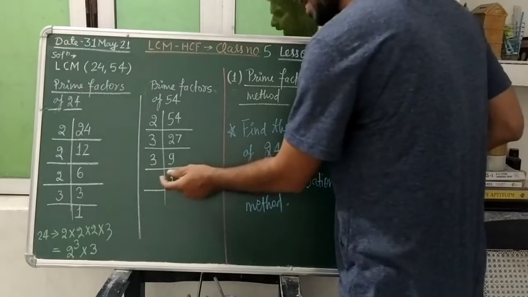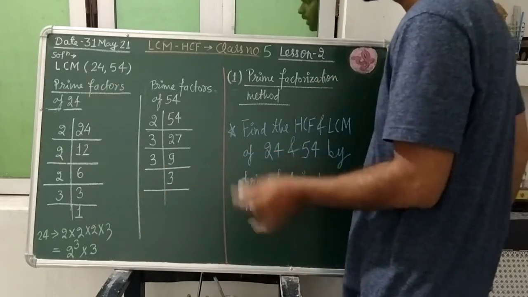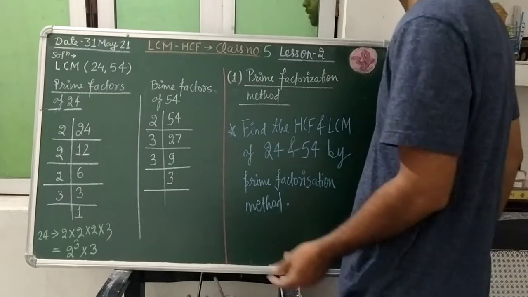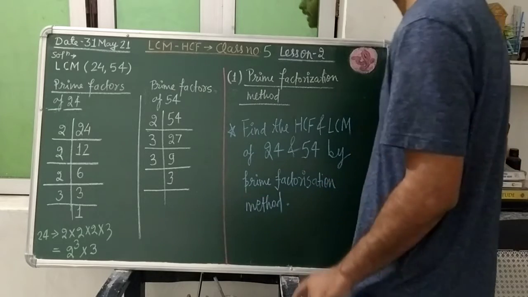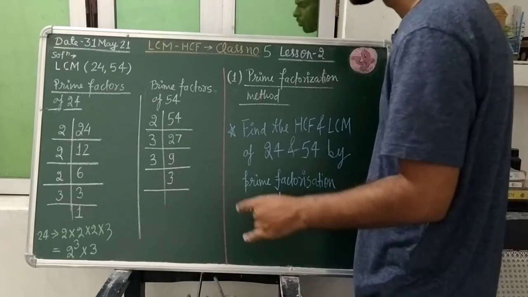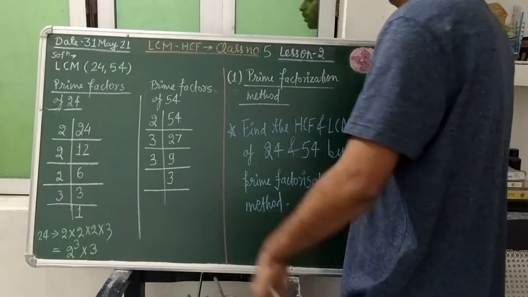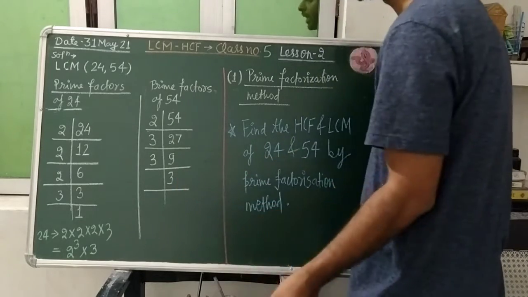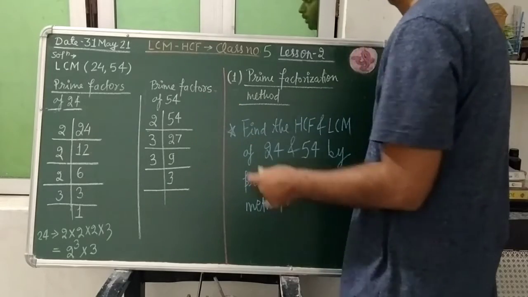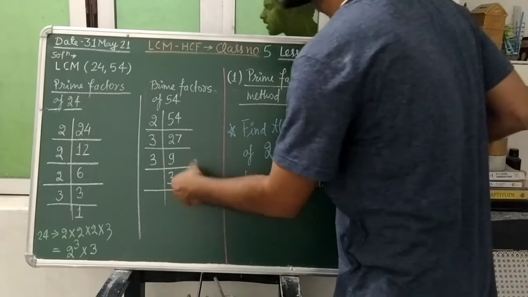So for a prime number, I have told you that if you are getting a prime number, the factors of a prime number will be 1 and the number itself. Since 1 we are ignoring, as it is neither prime nor composite, if you get a prime number when finding the prime factor, you will select the same number.